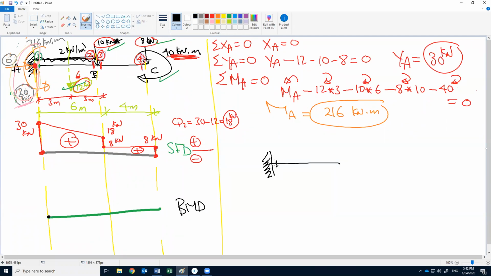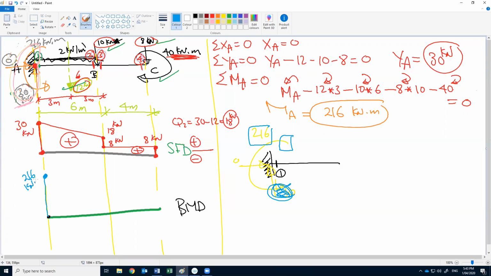We have XA 0, YA 30, and this moment 216. This force doesn't have moment, so we have only this moment, 216. Do we put the value above the datum or below? Above, because the tail is above. So the moment here is 216 kilonewton meter.